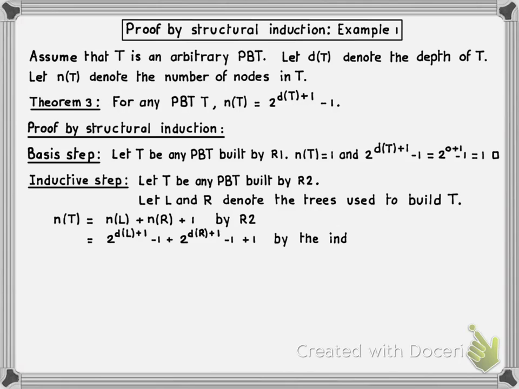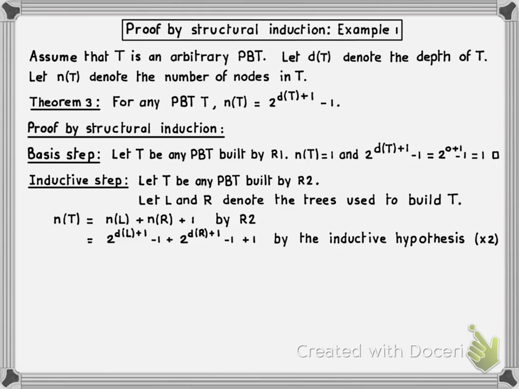And don't forget to justify in your proof by structural induction the step when you use the inductive hypothesis. Here we use it twice. Now let's look at this complex expression and try to simplify it.